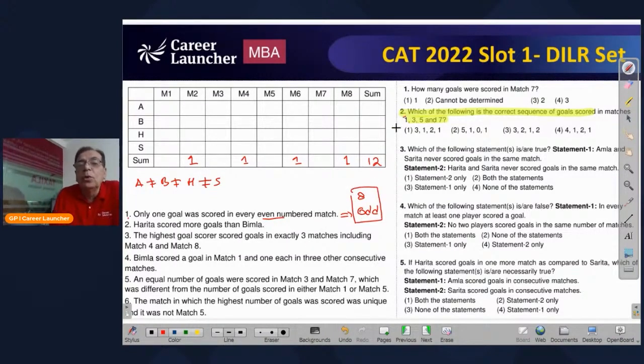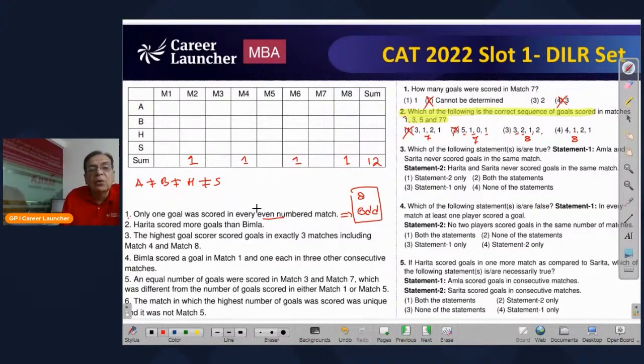Go back to question number 2. 3, 4, 5, 6, 7. 7 goals scored, wrong choice. Question 2. Choice 2. 5, 6, 7. Wrong choice. Statement 3. 3, 2, 5, 6, 7, 8. Possible. 4, 1, 5, 6, 7, 8. So 2 choices eliminated. And by the way, in question 1, we have also eliminated 2 choices. So far, we have got this information.